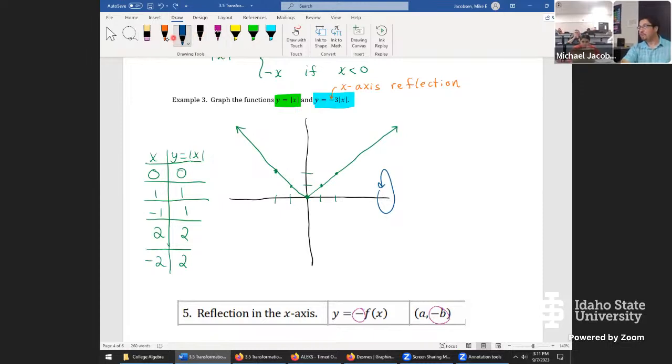Okay, then we have something new as well. This 3 that's right here is going to cause either a compression or a stretch. Now, I think that one is actually really kind of tricky to work out, whether it's a compression or a stretch.